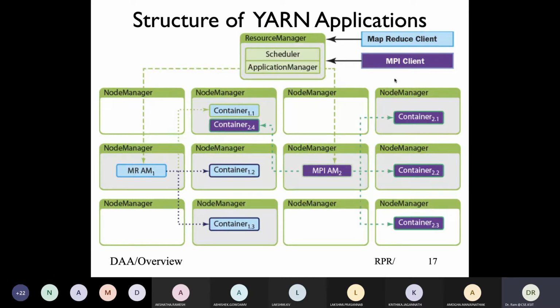So in this diagram, we are showing 2 applications. One is a MapReduce client, the other is a message passing interface client. The MPI applications typically are used heavily in high performance computing.